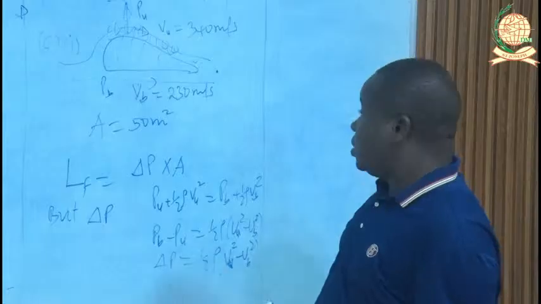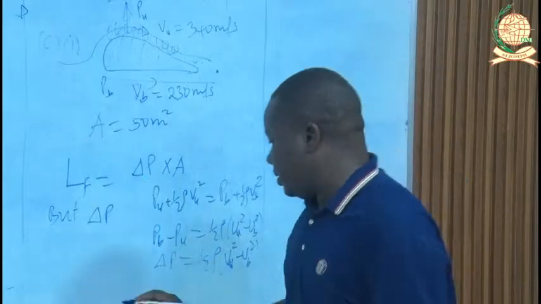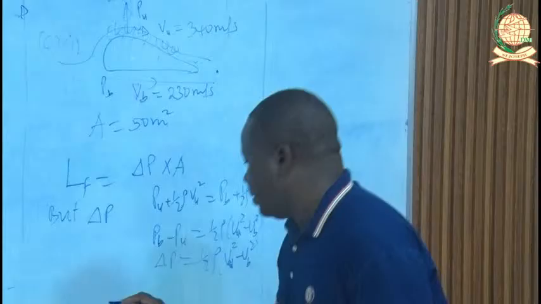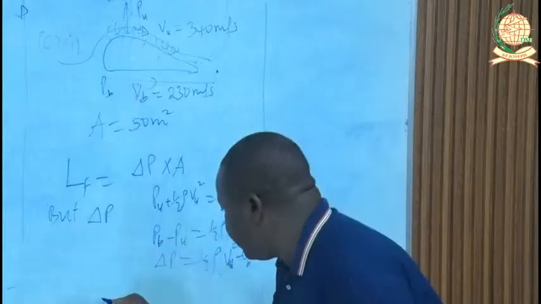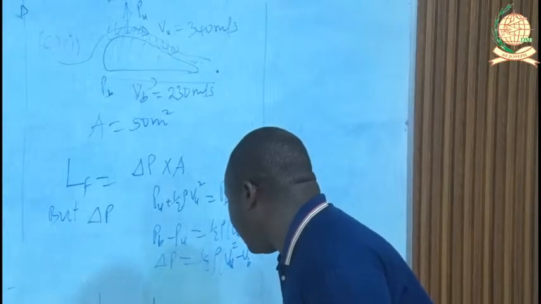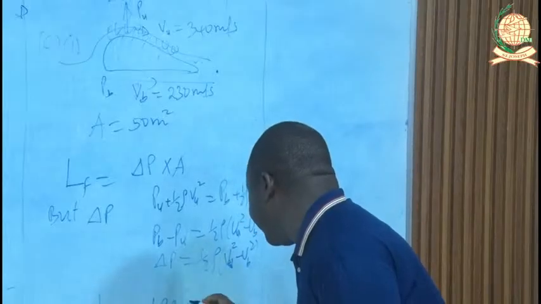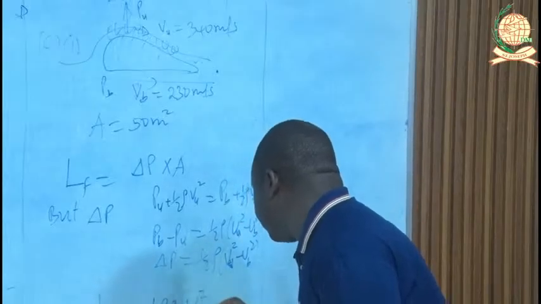To get the lift, you multiply by area. Therefore, the lift force is equal to a half density area bracket velocity upper squared minus the velocity below squared.